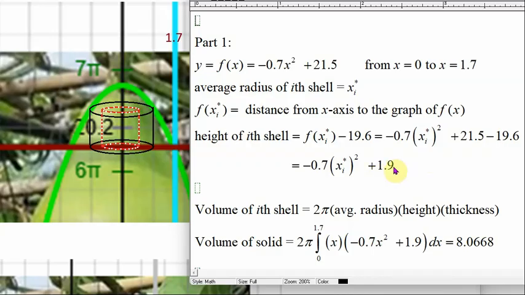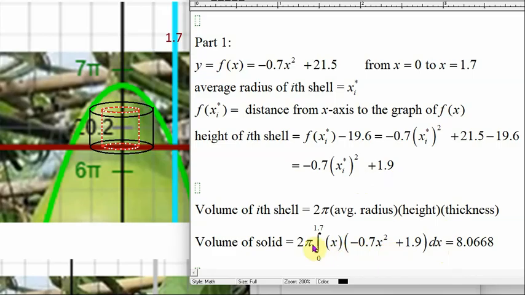So the volume of this portion of the squash is going to be the integral from 0 to 1.7, and then we have the 2 pi, and then the average radius is just x, and then the height will be negative 0.7 x squared plus 1.9, and then the thickness will be delta x or dx.